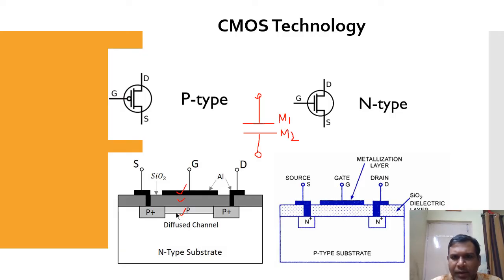Now in the case of the N-type MOSFET, see the structure. The structure is the reverse of the P-type MOSFET.